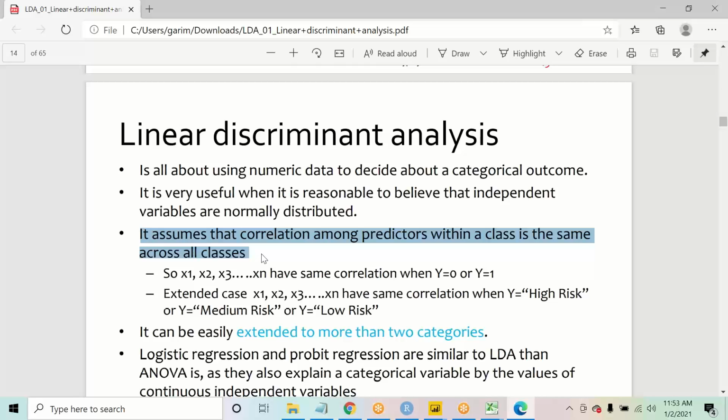If you're talking about binomial data, you have two classes, yes and no. If the class is yes and you pick the first target variable, the correlation is 1. For no also, we assume the correlation will be 1 only, right? The correlation of the predictor within a class is the same across all classes.